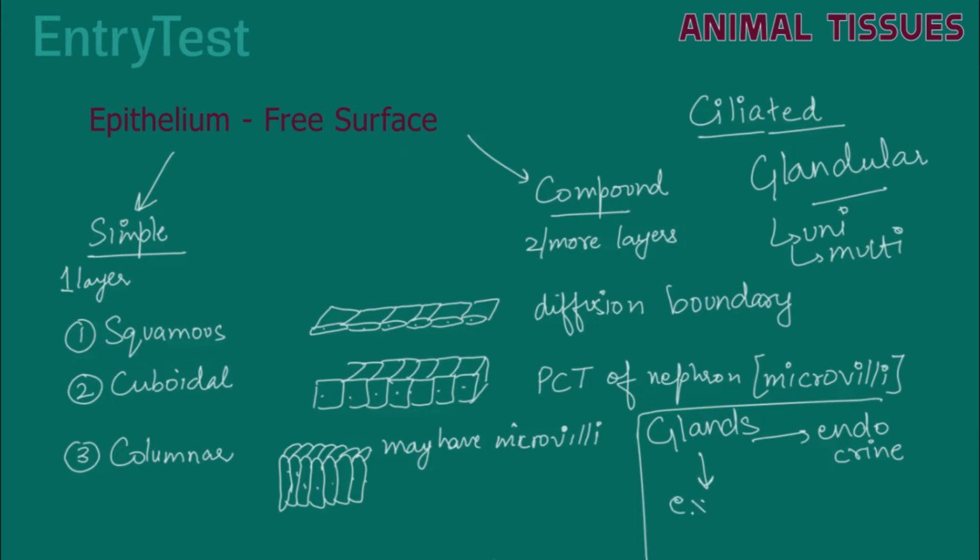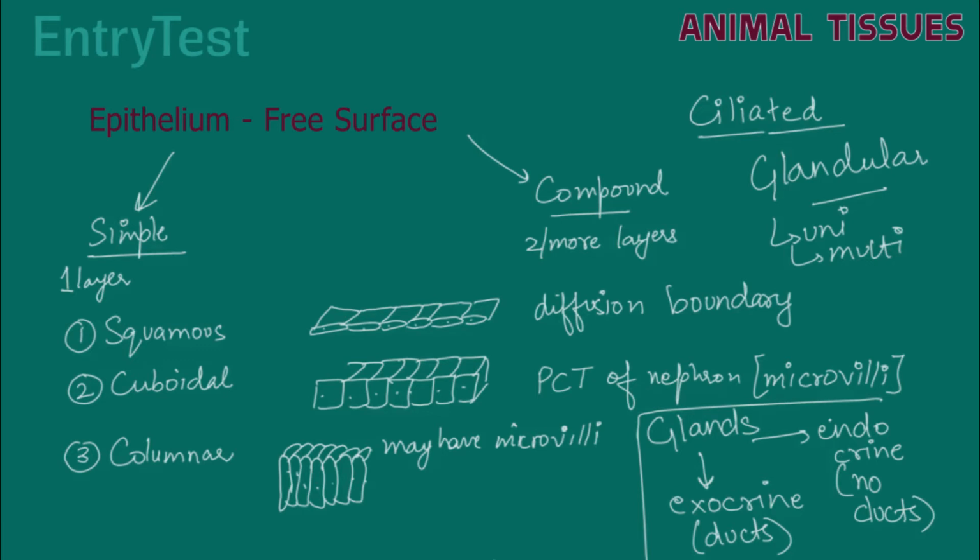And then you have exocrine glands, where glands like the salivary glands or pancreas secrete their secretions like saliva or oil or mucus directly outside the surface through their own ducts. So exocrine glands have ducts, and endocrine glands do not have any ducts. So that was about the simple epithelium tissue.